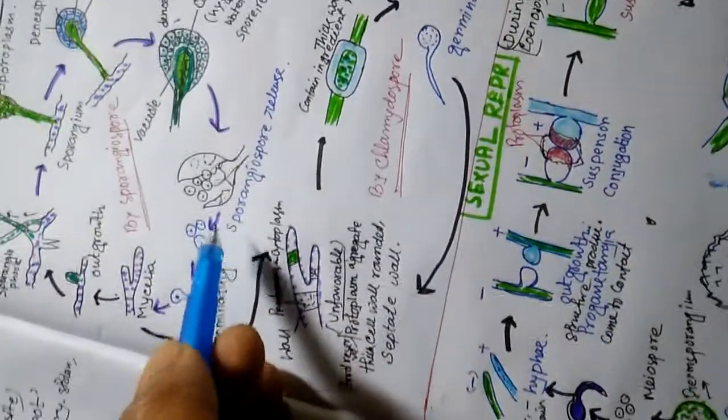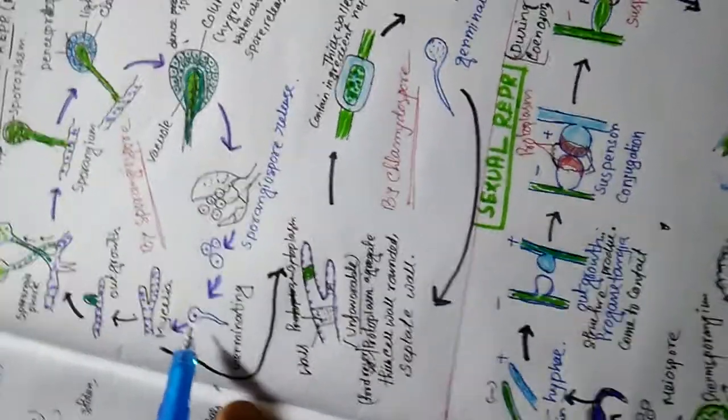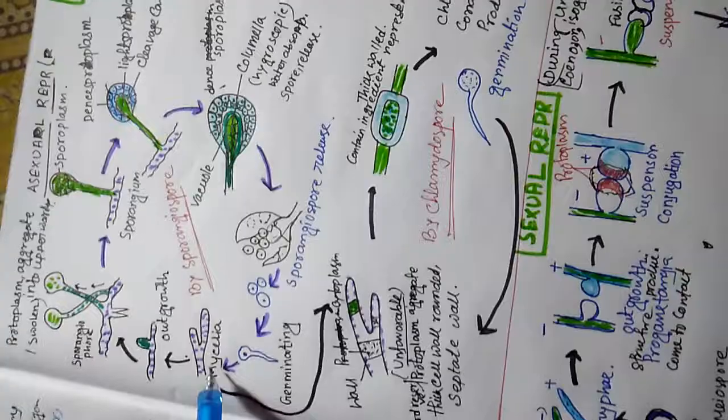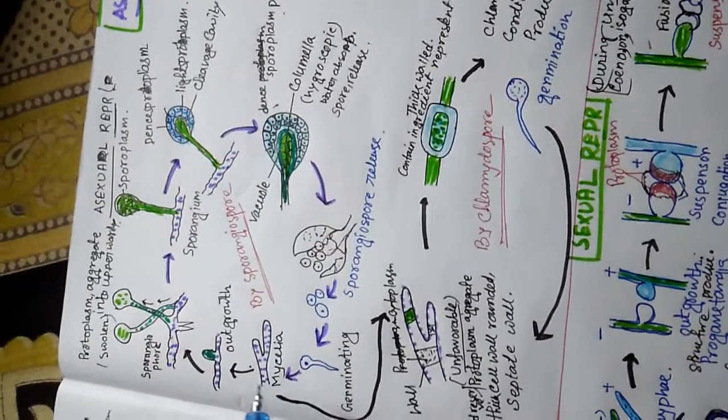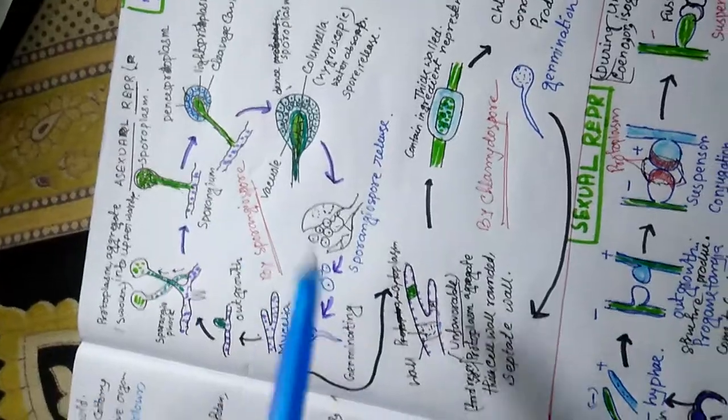Next, the spore germinates and finally produces mycelium. Again the mycelium produces outgrowths. This life cycle may be continuous.